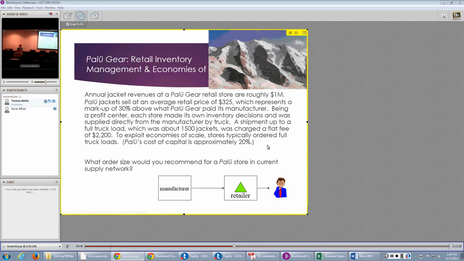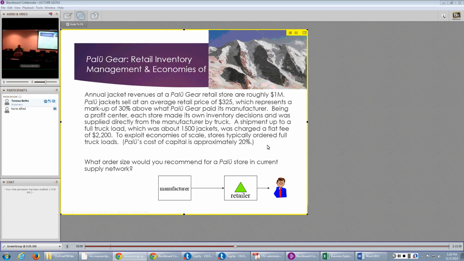Being a profit center, each store made its own inventory decisions and was supplied directly from the manufacturer by truck. A shipment up to a full truckload, which is about 1,500 jackets, was charged a flat fee of $2,200. To exploit economies of scale, stores typically ordered full truckloads, and the cost of capital is approximately 20%.